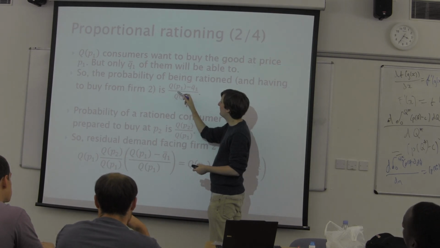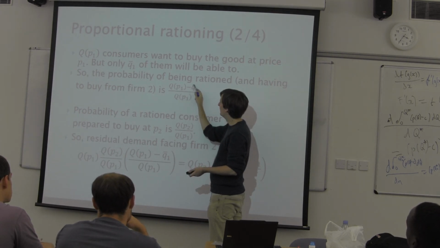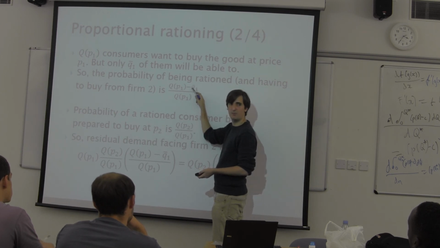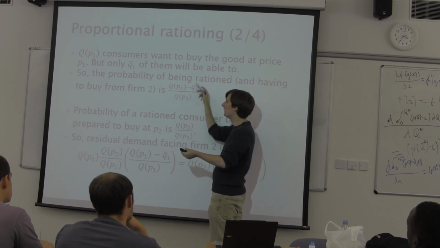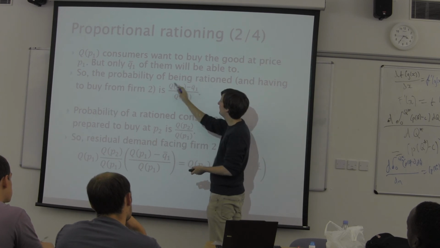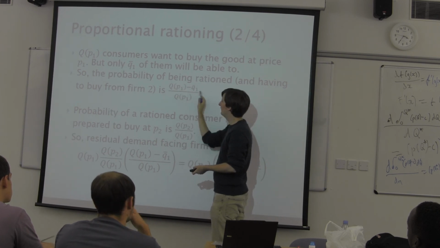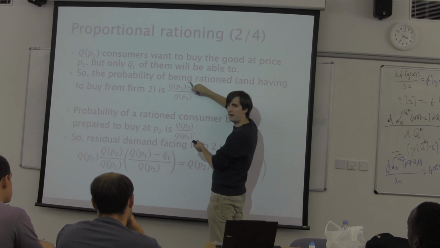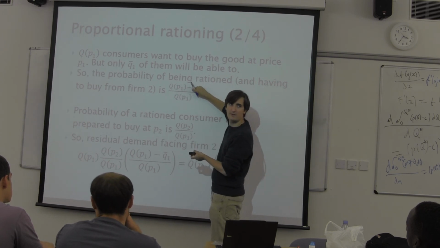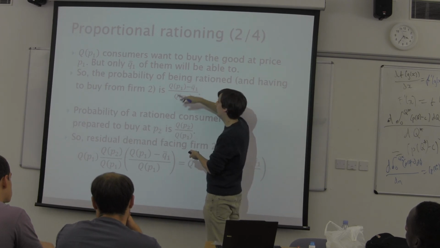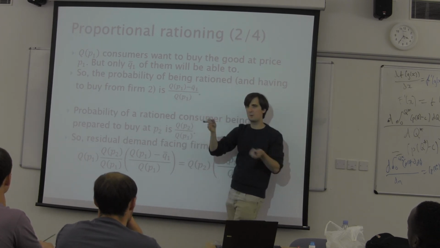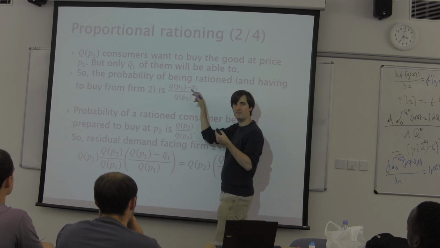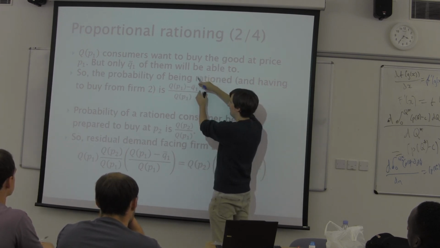How many people are going to end up rationed? Q1 bar people are actually going to be able to buy the good from firm 1. The lucky people who turn up in the morning buy from firm 1. Q(P1) minus Q1 bar are the people who get unlucky and get rationed. These are the people who turn up late to the shop and it's sold out. So if you're someone randomly choosing when to wake up, the probability that you get rationed and have to buy from the second firm is this ratio.